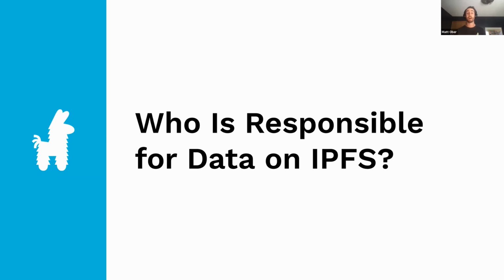Whether it's the platform, the creator of that data, the buyer of an NFT, or the seller of an NFT, there are a lot of different parties that could take responsibility for this data. But it's important that builders and creators in this space understand how those responsibilities should be defined so that we don't ever run into a situation where IPFS data is no longer accessible.